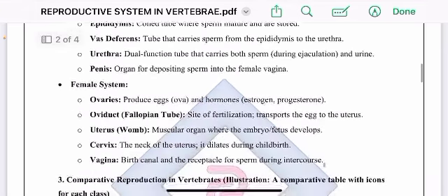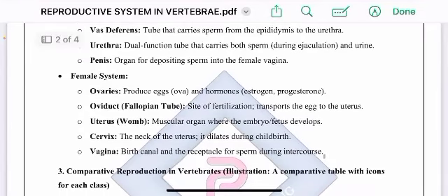That's estrogen and progesterone. These are hormones that help us in developing from a girl into a woman, where you start having your female features phenotypically displaying.